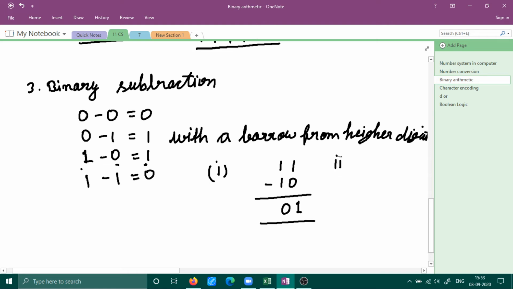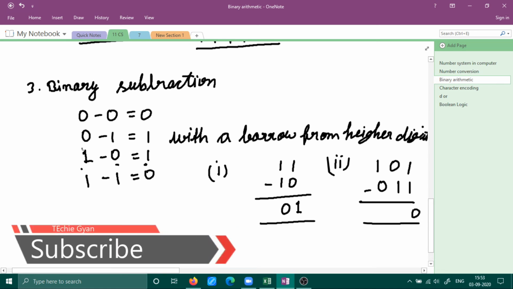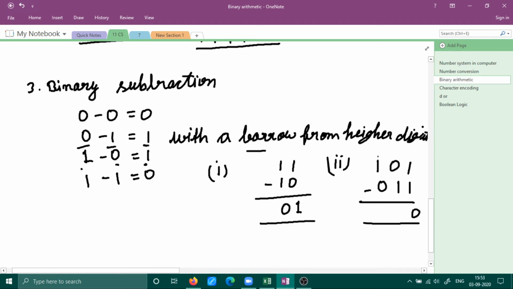So let us see another example: 101 and 011. So I am subtracting these binary numbers. 1 minus 1 becomes 0. 0 minus 1, here we can see that 0 minus 1 becomes 1 with 1 borrow from the higher digit. The higher digit or higher bit is just on the left hand side.